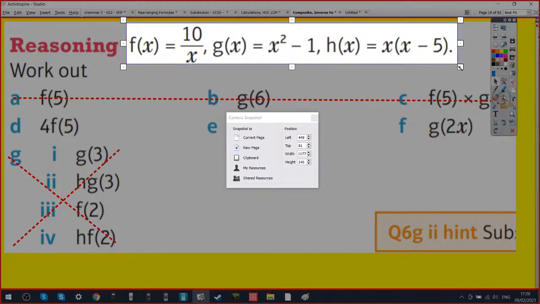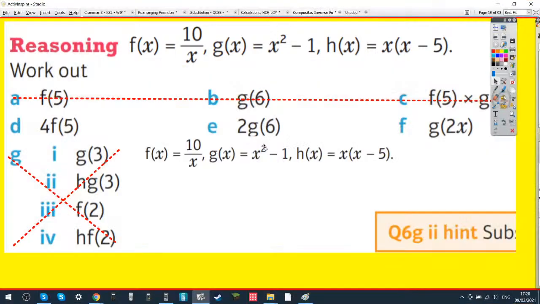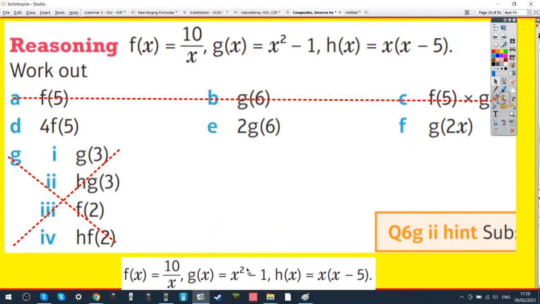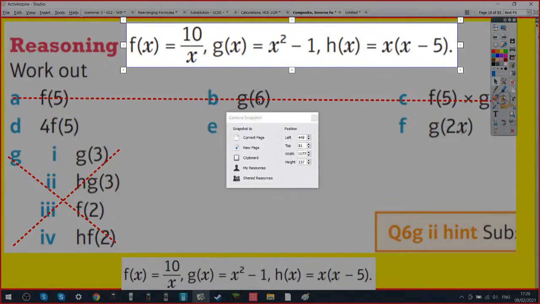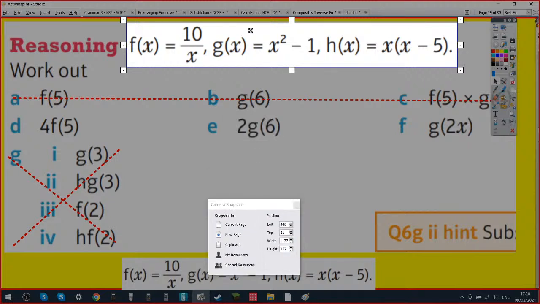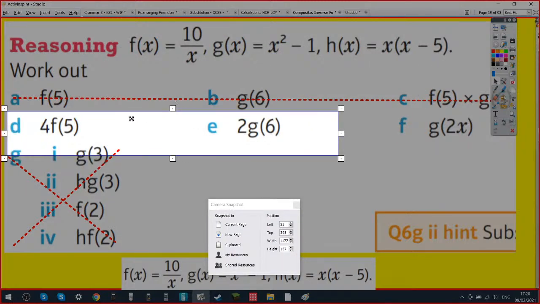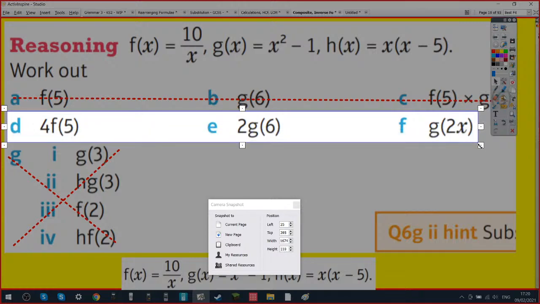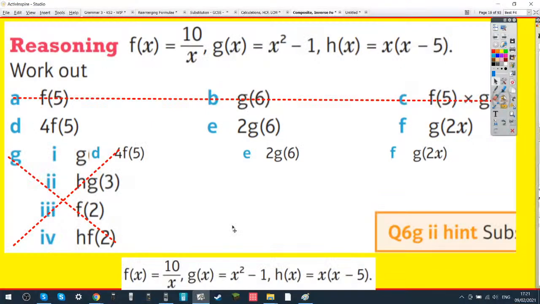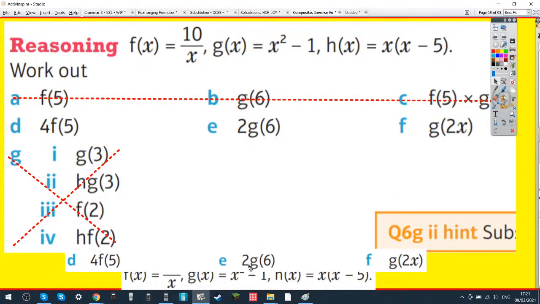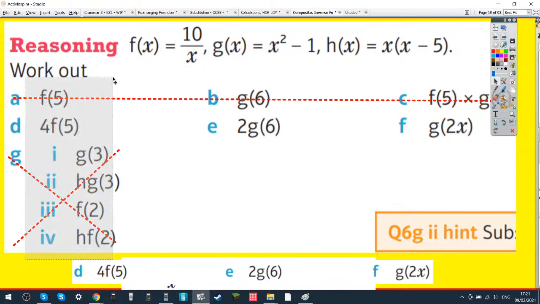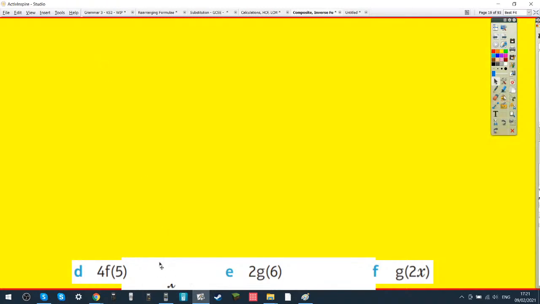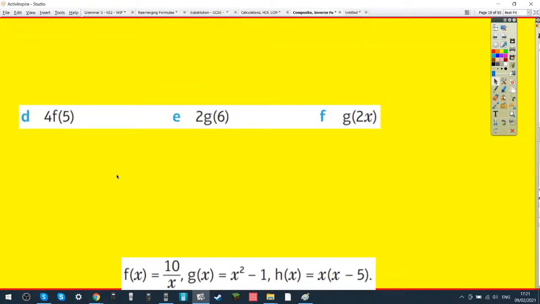Yep. So then you times that by 4. 2 times 4 is 8. Yep. And so 4 F of 5, what is the answer? 8. Yep, that's it. Great.